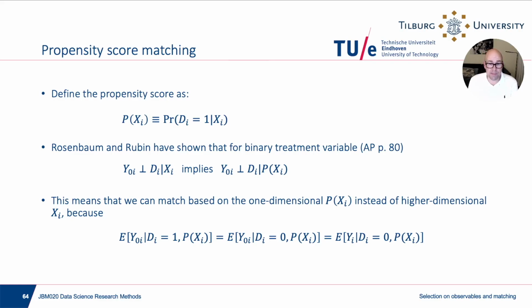In terms of the whole matching procedure, I have a unit i that is in a particular group, and that group has a treatment probability of 0.4. So I need to find control units in other groups or in the same group that also have a treatment probability of 0.4.